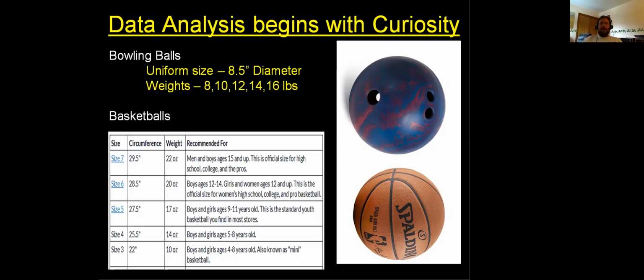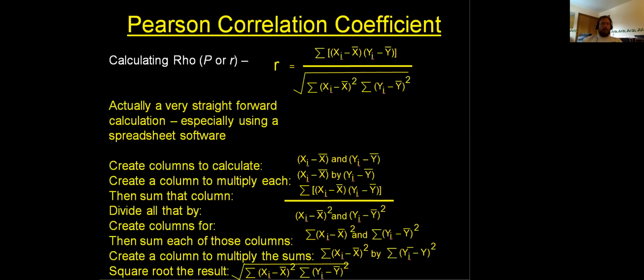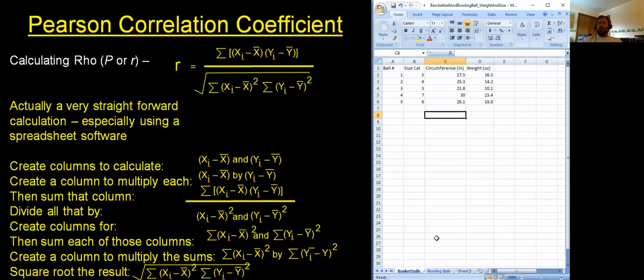So we're going to do this, and we are going to have some data. So we have our, in this case, basketballs, as you can see here. Again, a big portion of this is getting familiar with Excel and working through things with Excel. So we're going to calculate the correlation coefficient for the data we've recorded about basketballs.